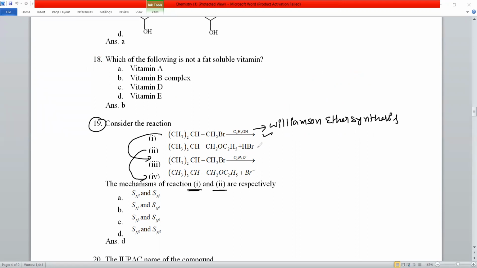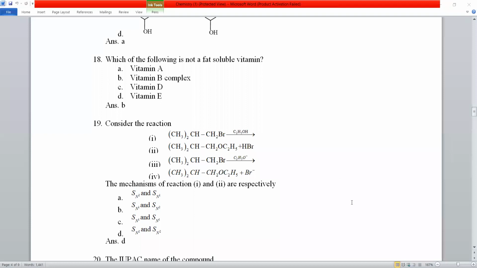And this is the Zeisel method, nothing but ether cleavage. Both will follow what mechanism? Both will follow SN2 only. So the right option is D.